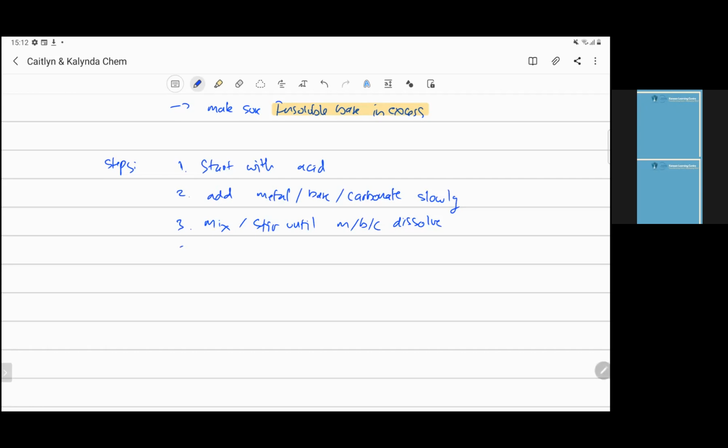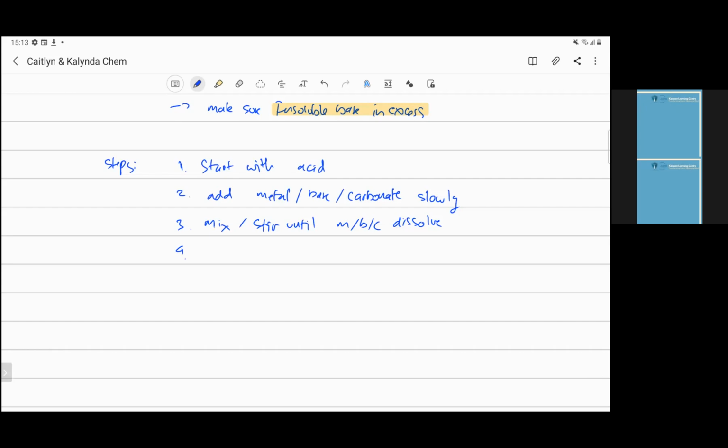Now if we add them little by little, let's say a few grams over a few grams, initially the metal or base or carbonate is going to disappear.